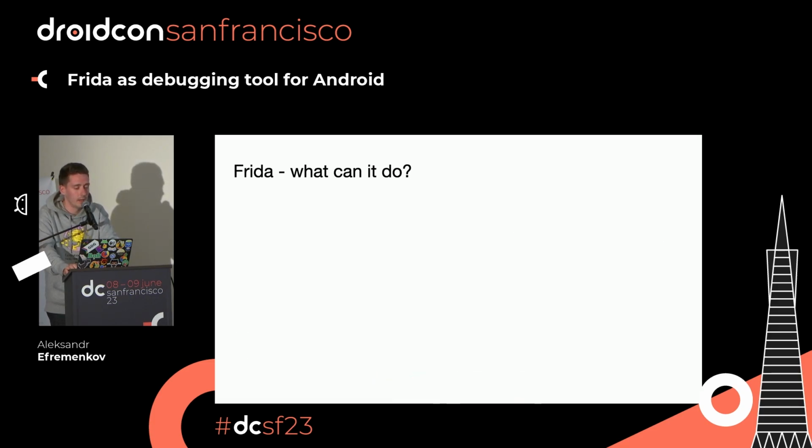Okay, what can Frida do for you, right? So it could attach to your process first and do things such as function hooking, function calling or recalling.